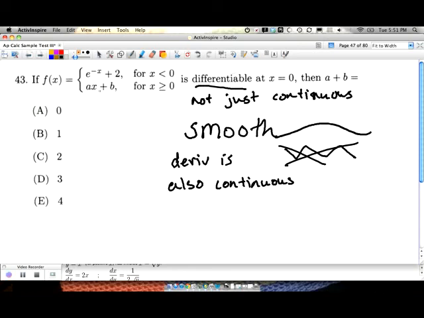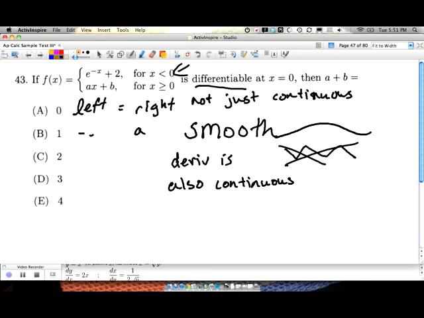We have this function up here. We're going to take the derivatives of each one and make sure that those are continuous at 0. That means that the left has to equal the right. Well, the right side is going to be ax plus b. The derivative of that is a. And the left side is e to the negative x plus 2.